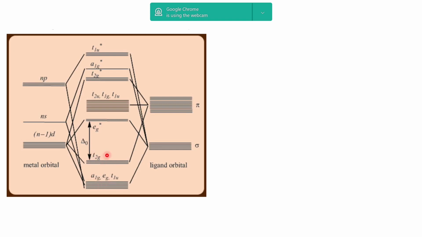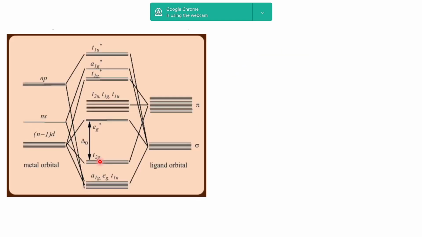So it will be 12 plus 6, 18 electrons. But it can be lesser than 18 or it can be more than 18 also, because t2g is still non-bonding in nature. So non-bonding does not have to be filled all the time because it does not interact with any other, right? So it can be maximum 18 or less than 18.